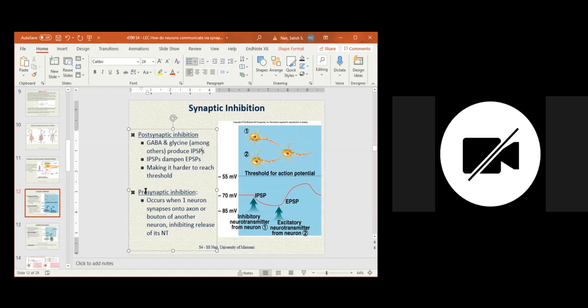Okay. Presynaptic inhibition, this was the postsynaptic inhibition. Presynaptic inhibition occurs when one neuron synapses onto the axon or bouton of another neuron, inhibiting release of its neurotransmitter. So that's another, presynaptic inhibition, right?